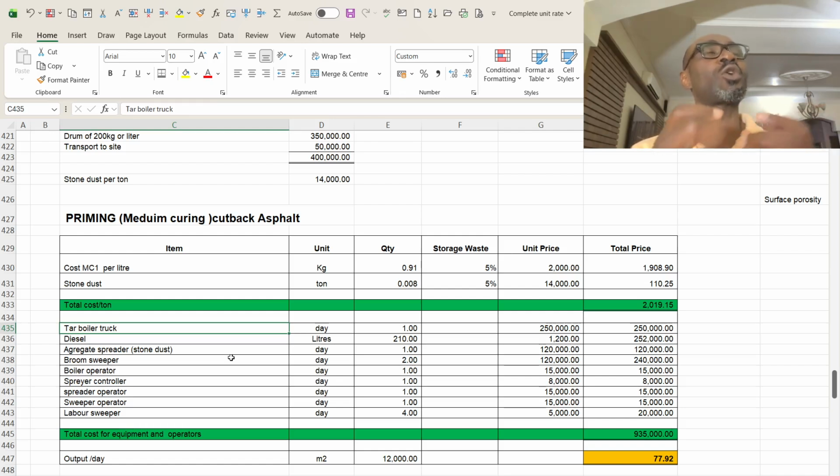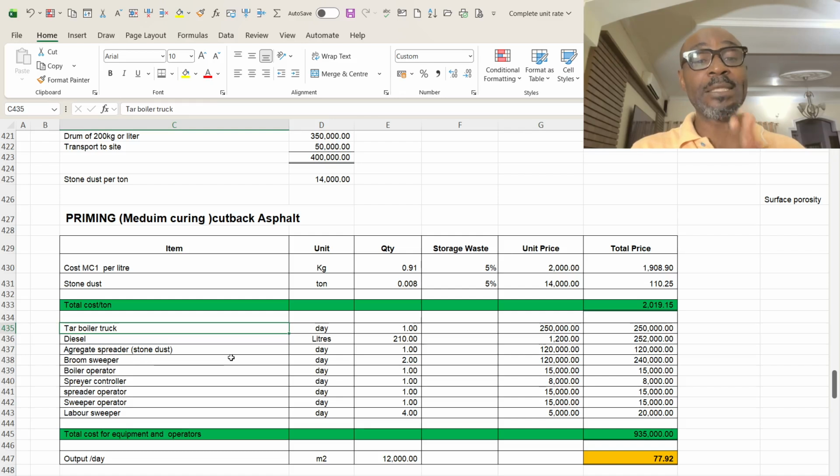Sometimes the truck comes in different models. There is the truck that comes with a hose and a nozzle that an operator is going to hold and spray with. And there are trucks that have a nozzle beneath them, so they can self-spray the MC1 without someone holding the nozzle.